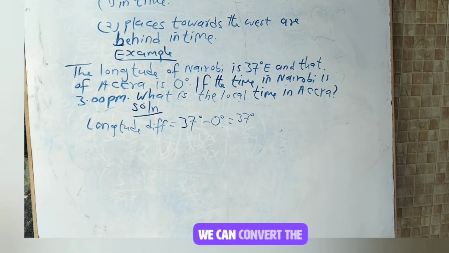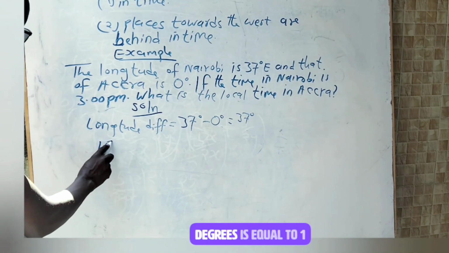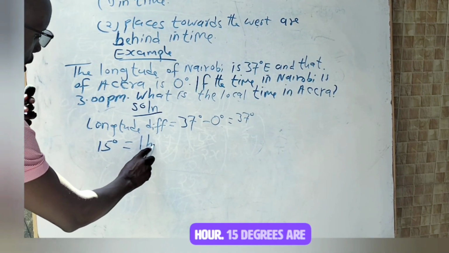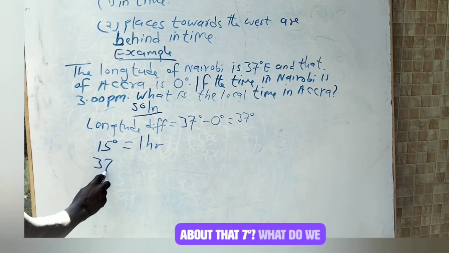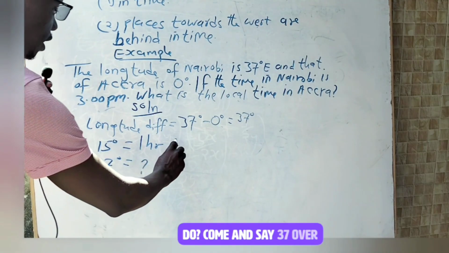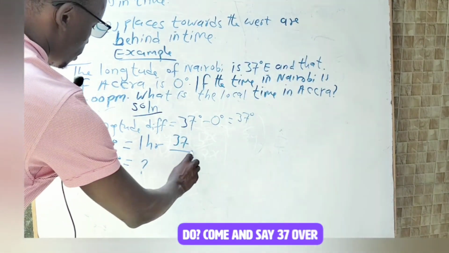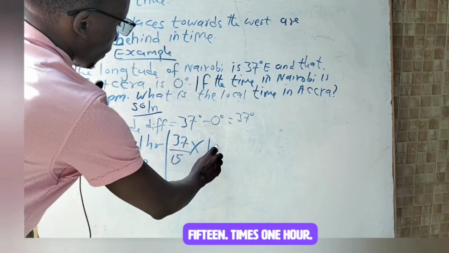And we can convert the longitude difference to time. We know that 15 degrees is equal to 1 hour. What about that 37 degrees? We say that 37 over 15 times 1 hour.